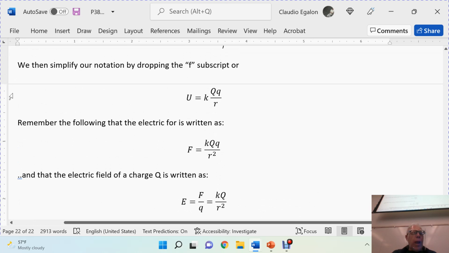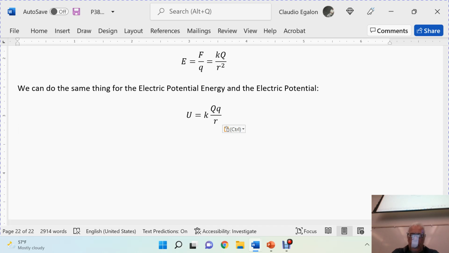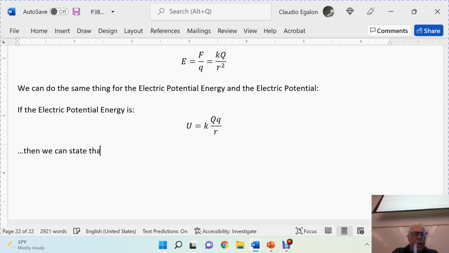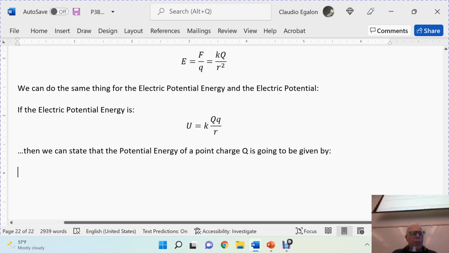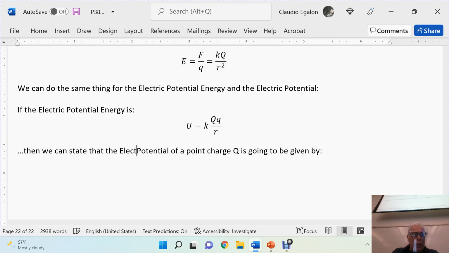If the electric potential energy is something like that, then we can state that the potential energy of a point charge Q is going to be given by, well, we can say that the electric potential.